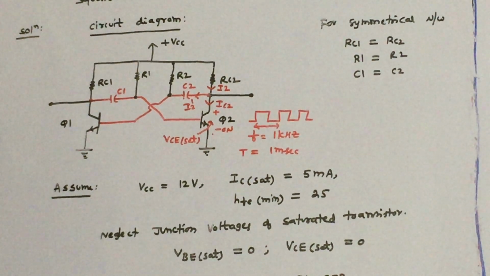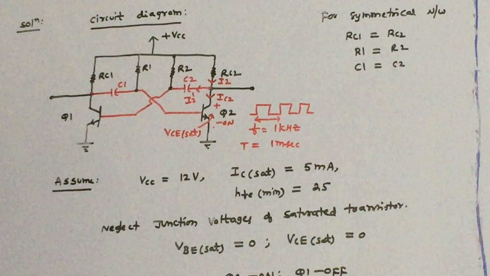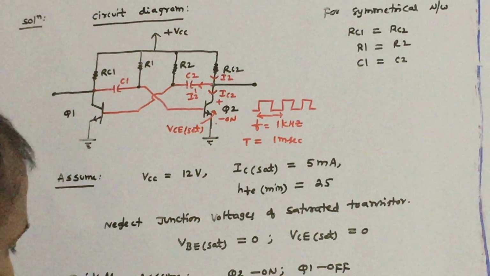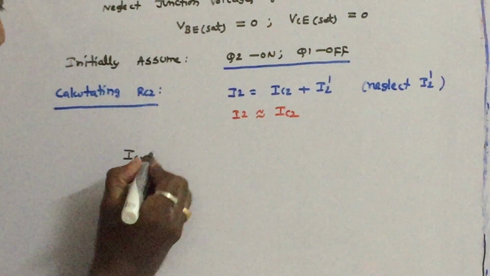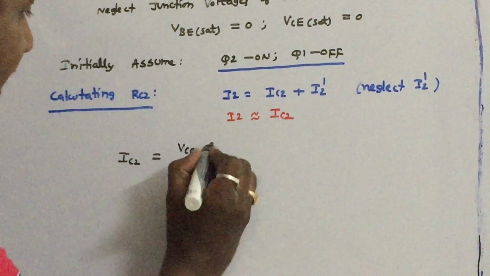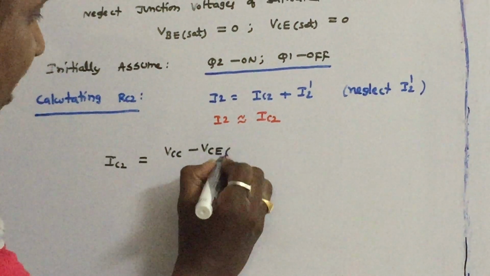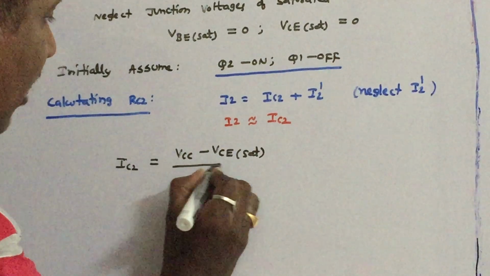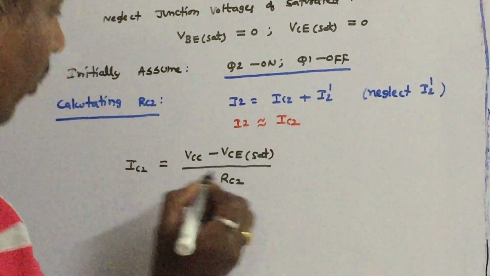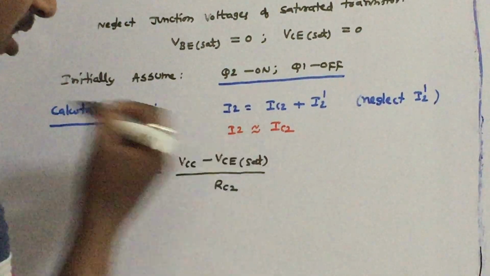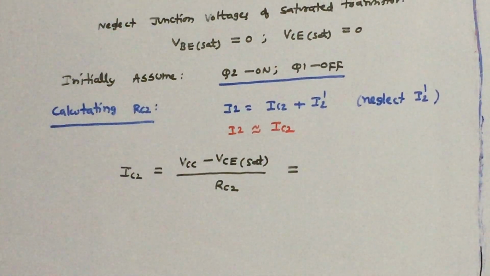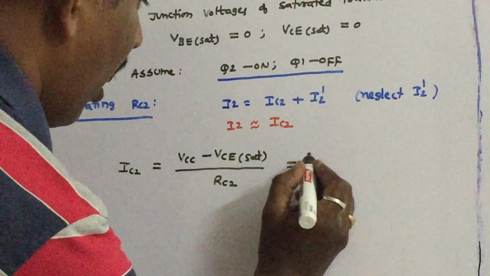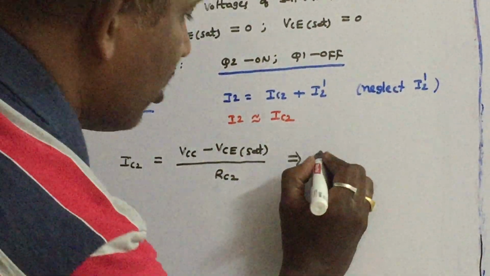That is the first formula we use from simple network knowledge. So what is IC2 from the circuit? IC2 is VCC minus VCE saturation by RC2. If 0.3 is taken, it is just to substitute 0.3, but we have neglected the junction voltages. So from this I want to find out RC2.